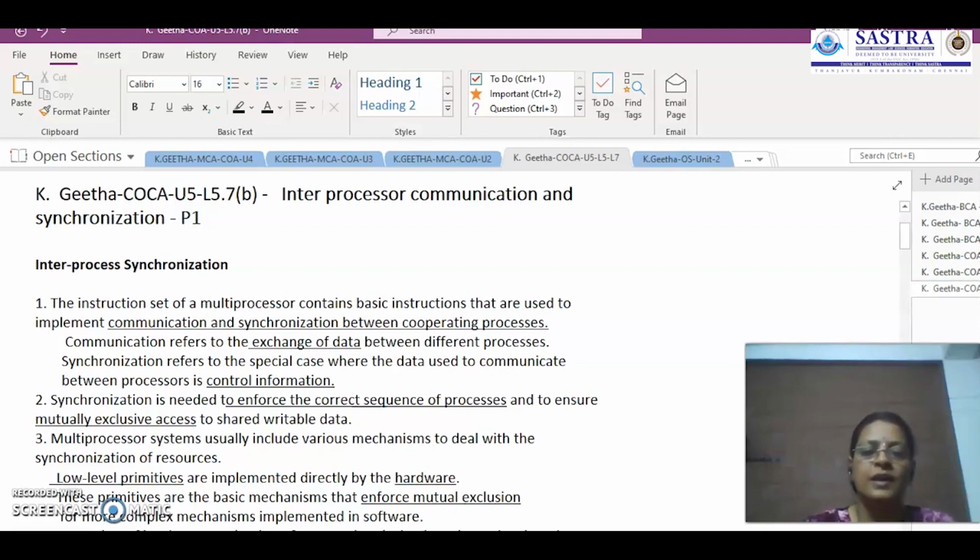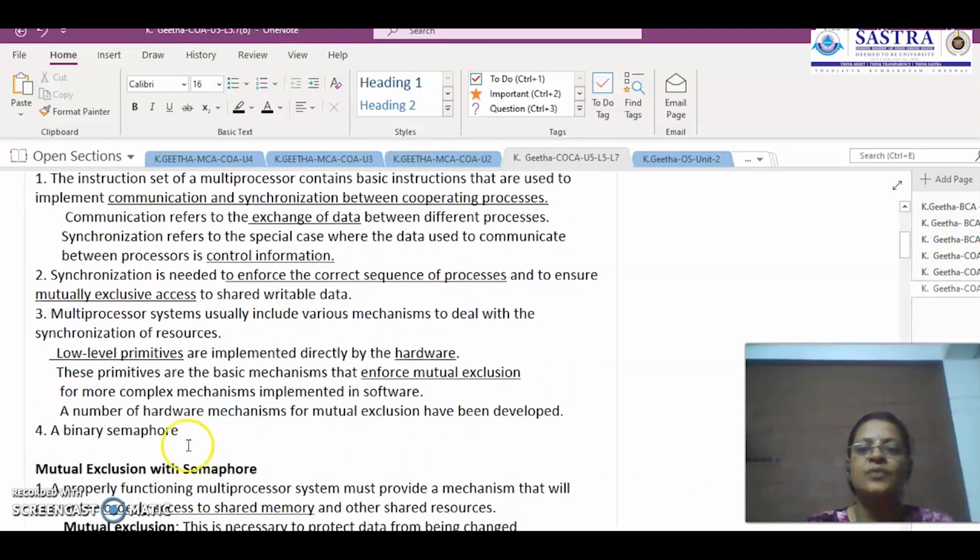In all the multiprocess systems we have discussed so far, we have many such mechanisms available to synchronize this activity. We have low level primitives which are implemented in hardware. Anything implemented in hardware is going to be more efficient in terms of speed, but of course there will be some lack in flexibility. And there are some primitives which can enforce mutual exclusion by means of some complex mechanisms implemented at the software level.